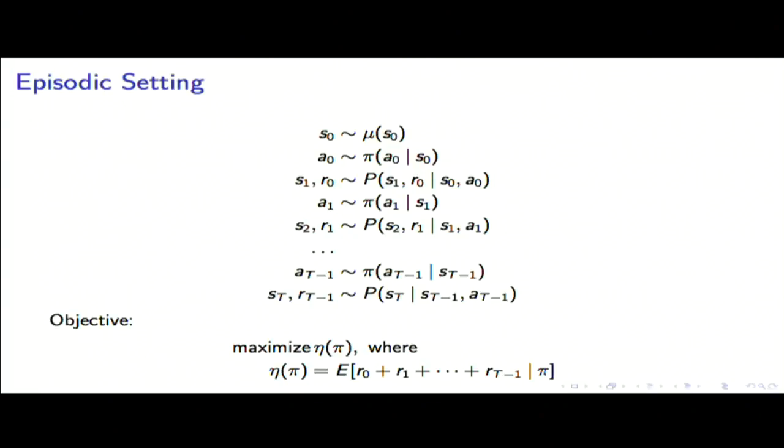Then you sample the next state and reward S1 and R0, and so on until the last time step, capital T. So all the variables you just sampled you can call a trajectory. This is just the process for sampling a trajectory. And we're interested in maximizing this expression that we'll call eta, which is just the expected value of the sum of rewards.